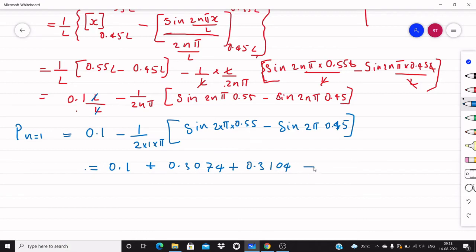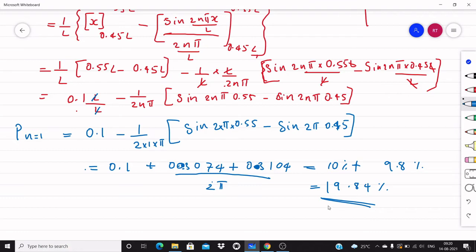So if you add all, 2 pi also you will have. This one is correct. So from the first term 0.1 you will have 10% and the second term you will have 9.8%. So the probability of the particle to be found in the ground state is 19.84%.